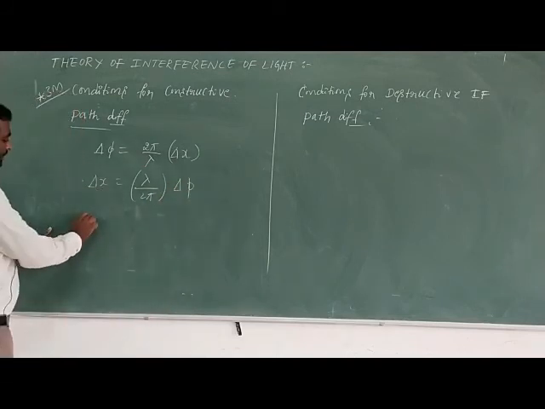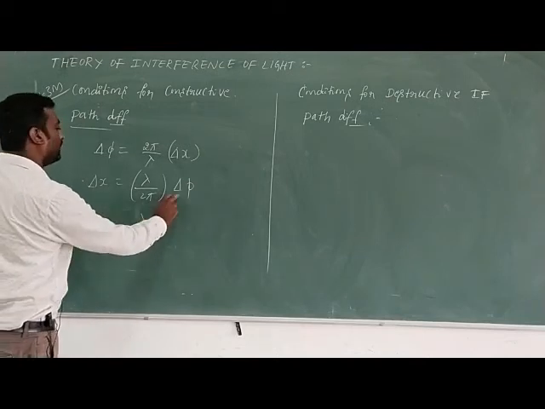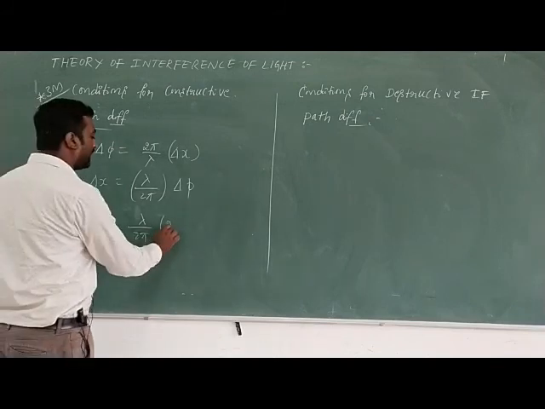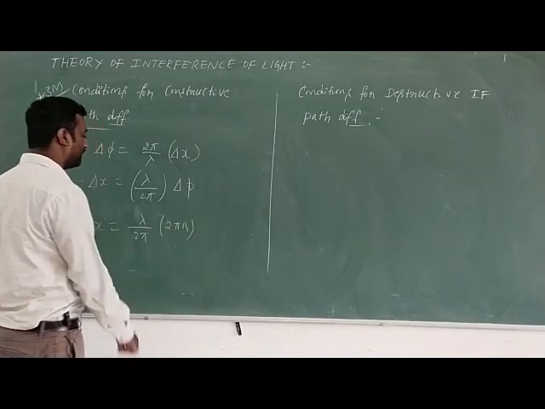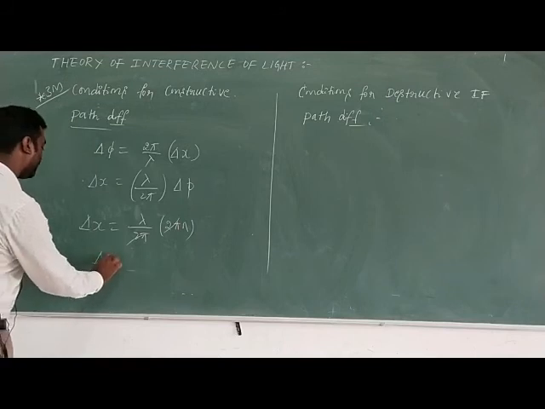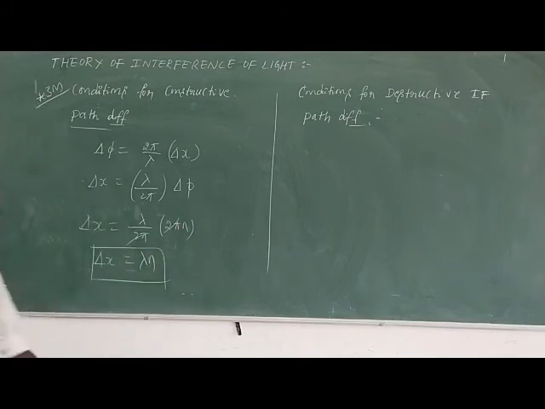Now in the case of constructive interference, the phase difference we got is an integer multiple of 2π. So here 2π gets cancelled, and the path difference becomes λn. This is the path difference in the case of constructive interference.